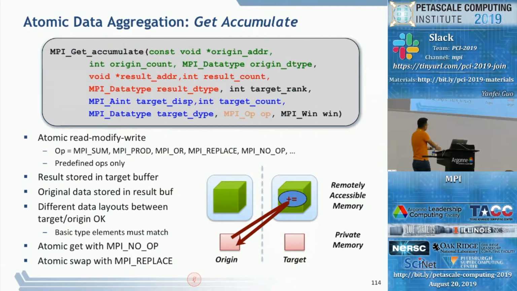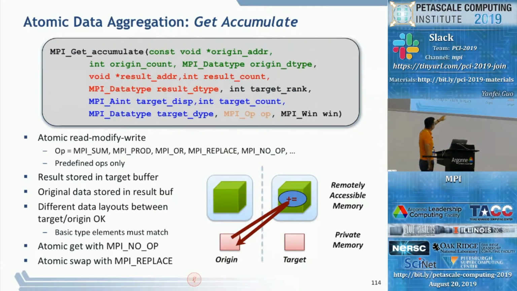What this operation does is, I have some data in my origin buffer, and I'm going to do a reduce calculation with the remote data and override the target buffer. But before I override that, I'm also fetching the original value of the target buffer back into my result buffer, which is described by the result address here.